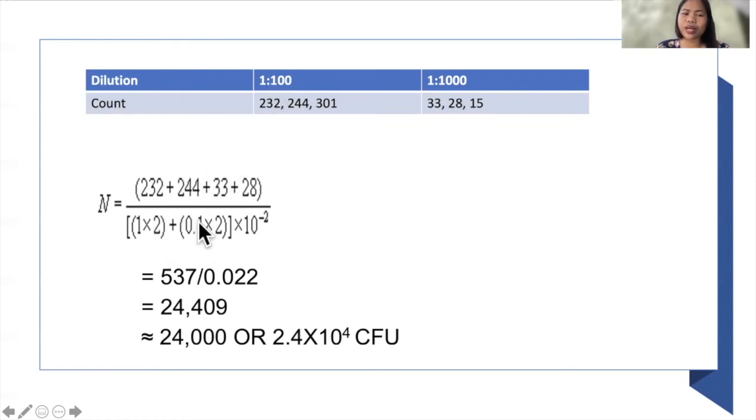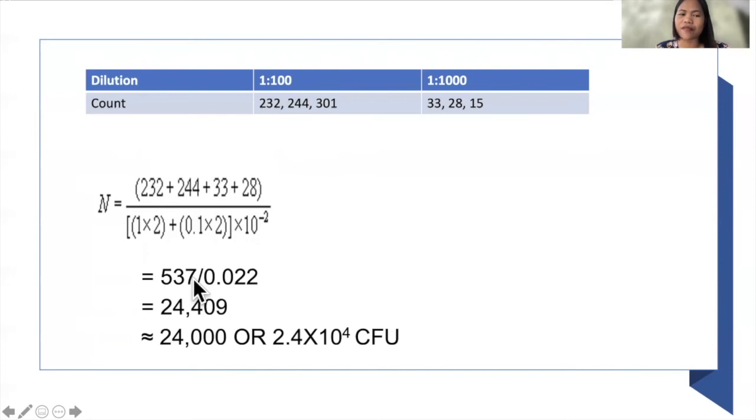And then 0.1, as I've said earlier, it's constant times the number of countable plates. So in this case, ito naman yung countable plate. So there are 2. So 0.1 times 2 times the first countable dilution. So ito yon, 10 raised to the negative 2. So you just take the total colonies counted in all countable plates.